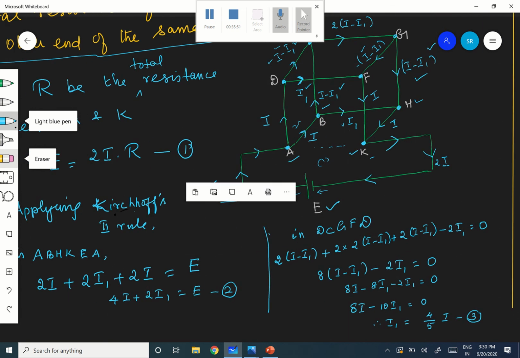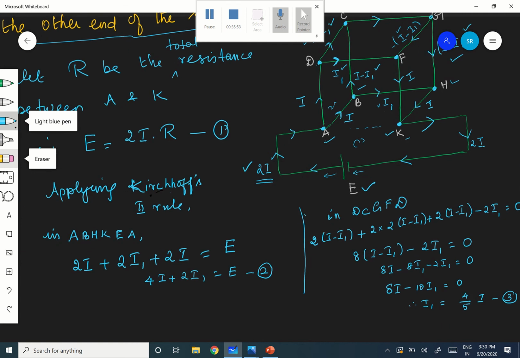Substituting 3 in 2, you will be getting 4I plus 2 into I1, that is 4 by 5 into I, that is equal to E. Are you following?